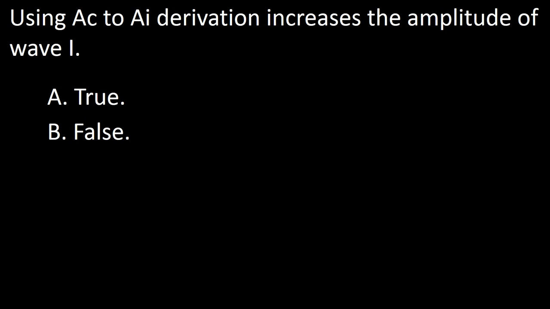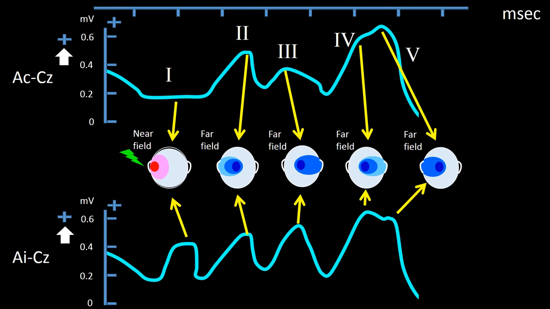Next question. Using AC to AI derivation increases the amplitude of wave 1. A true, B false. In this frame, you can see the electrical fields that are produced as electrical activity travels in the auditory system, and you can also see the configurations of the fields that they produce.